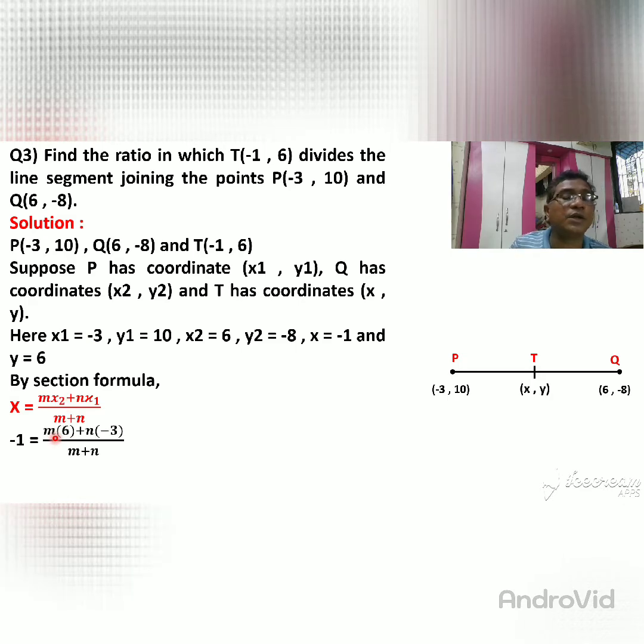So substitute the values: x is -1, m remains as it is, x2 is 6, n remains as it is, x1 is -3, over m plus n. So 6 into m is 6m, -3 into n is -3n.